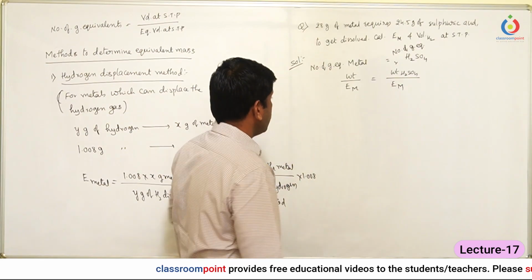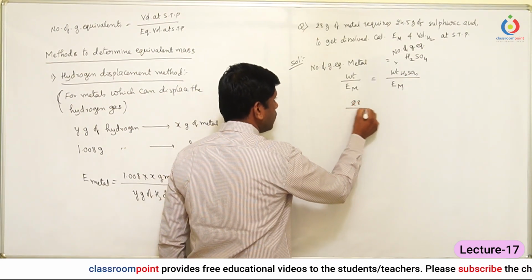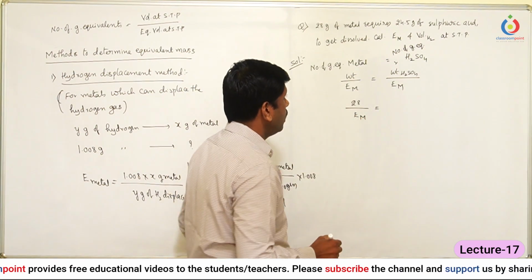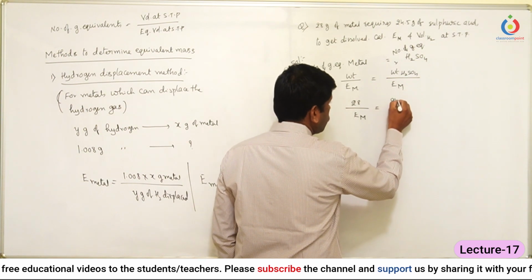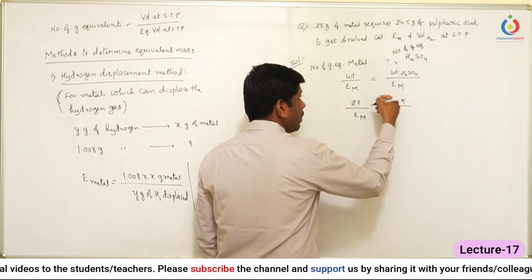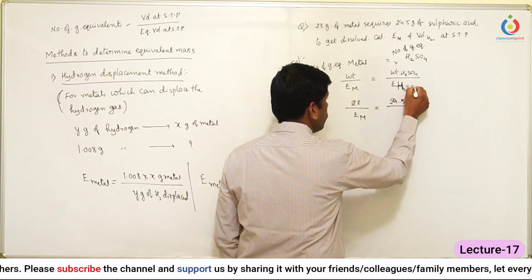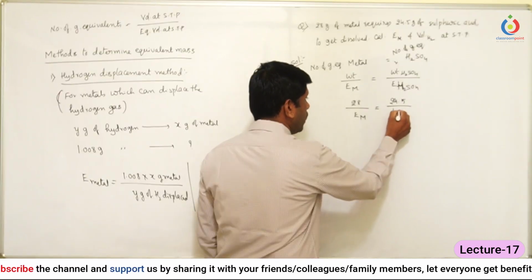Weight of metal is given as 28 grams. Equivalent weight of the metal we don't know, that has to be calculated. Weight of sulfuric acid was given as 24.5 grams. Equivalent mass of the sulfuric acid, H2SO4, is equal to 49.